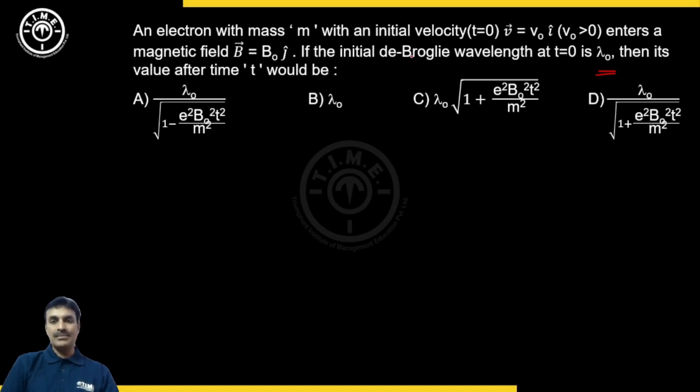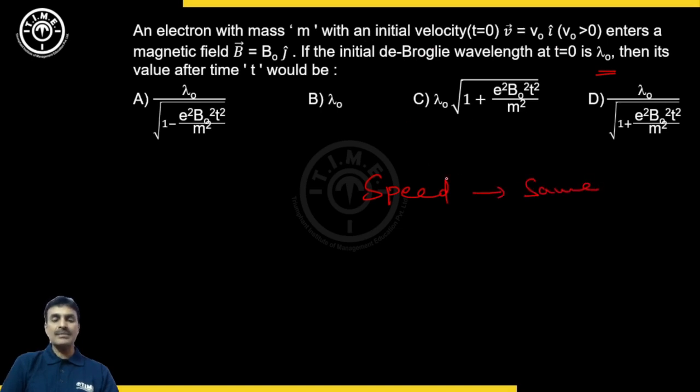See, question seems to be lengthy and twisting, but if you observe this scenario, when an electron enters a magnetic field, the magnetic field doesn't do any work in this. That means speed of the electron remains same.